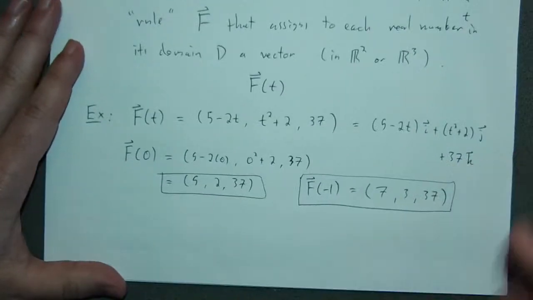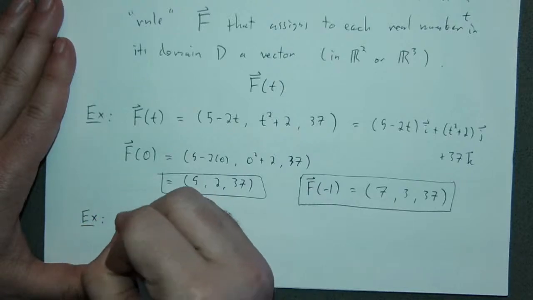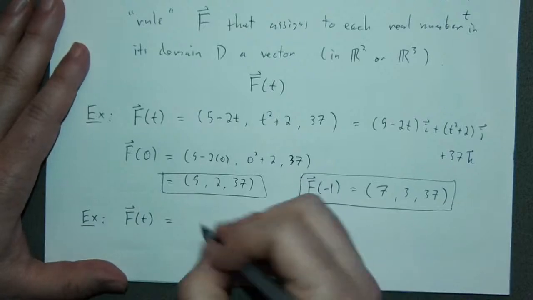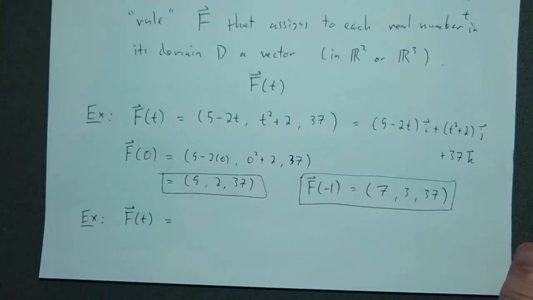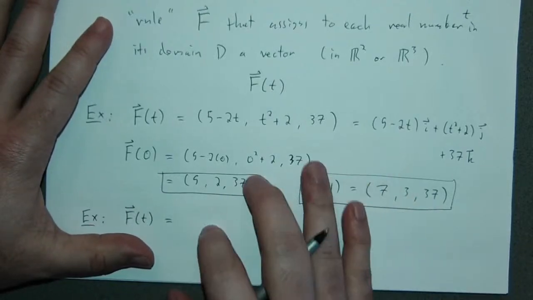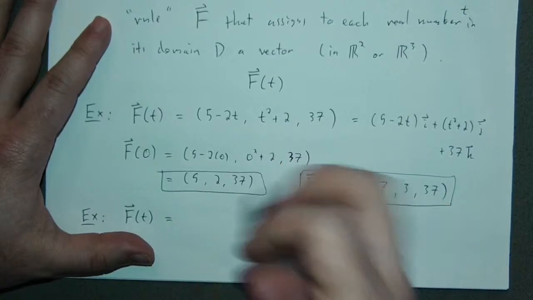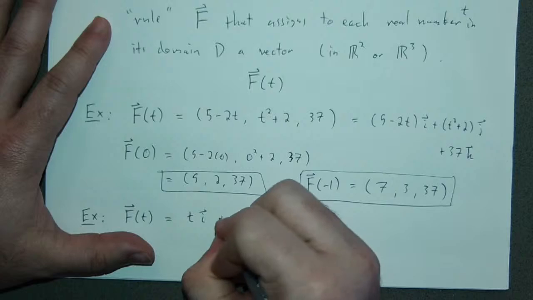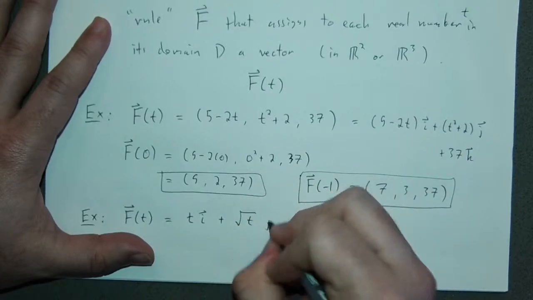Let's do another example. How about let's do t i plus square root of t j.